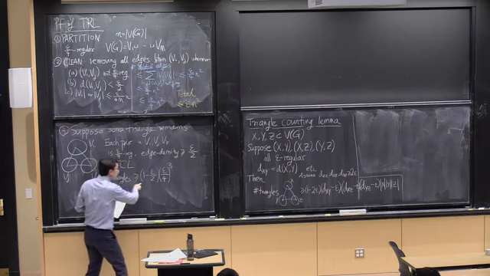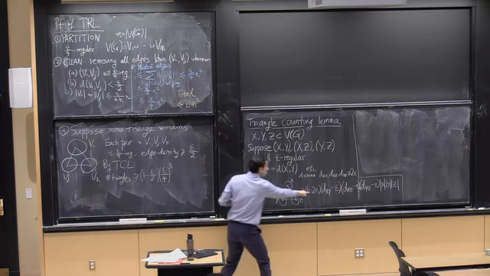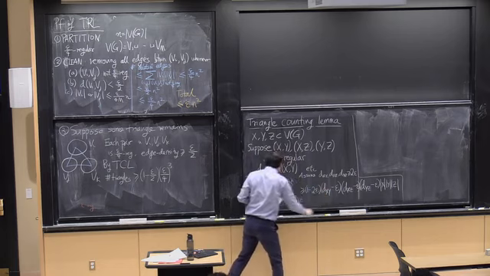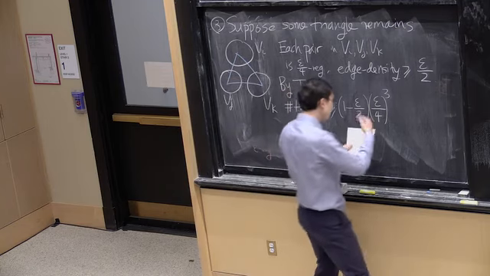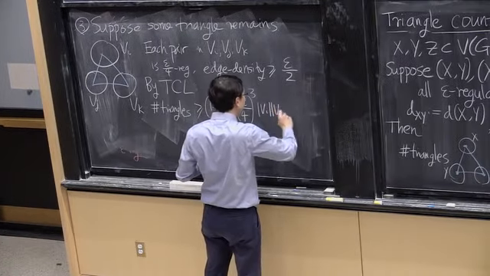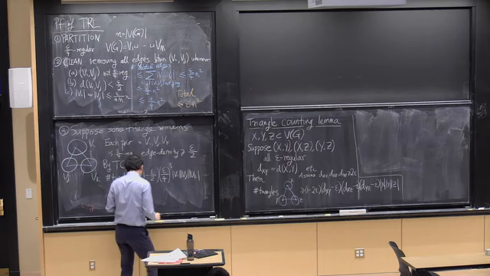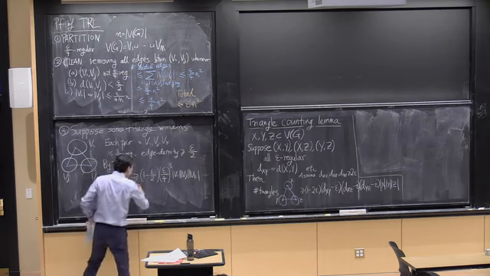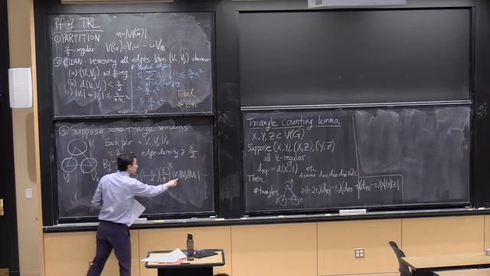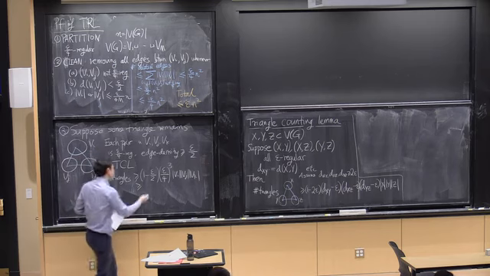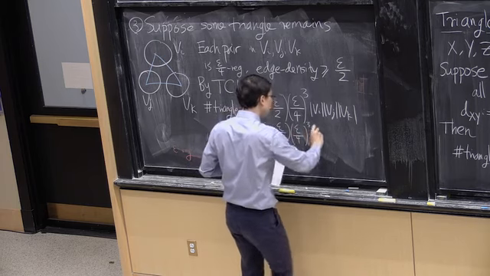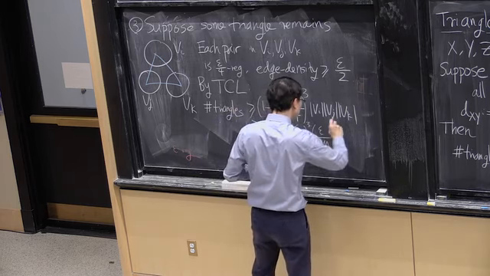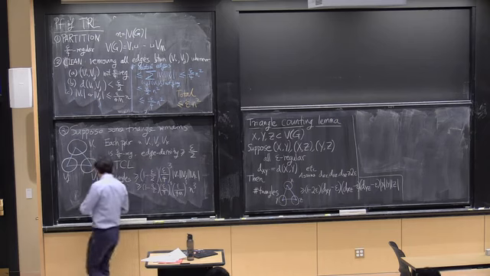So that's a correction factor, 1 over 2 epsilon. And then a bunch of densities, so densities are not too small, so I have at least epsilon over 4 cubed, multiplied by the sizes of the vertex sets. And now I use the fact that these part sizes are not too small. So I have that.